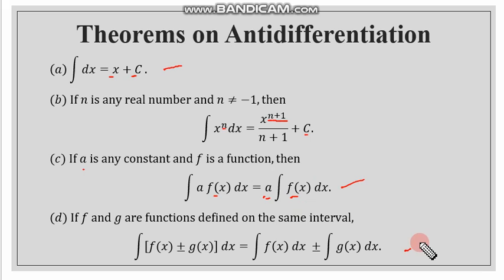And lastly, if f and g are functions defined on the same interval, the integral of f of x plus or minus g of x dx is the integral of f of x dx plus or minus the integral of g of x dx. So it means that we will get the individual antiderivatives of f of x and g of x for addition and subtraction. Okay, so we will start.